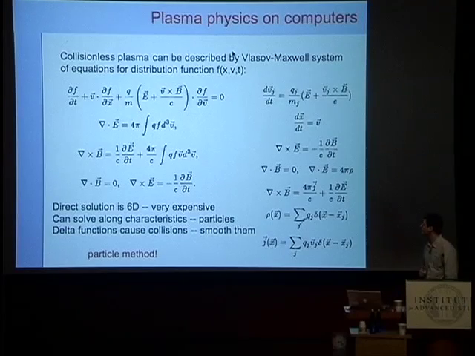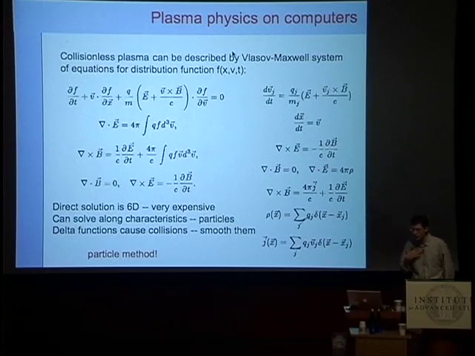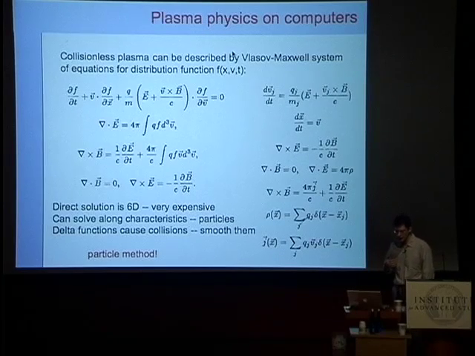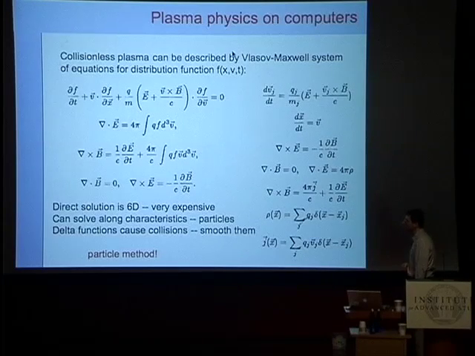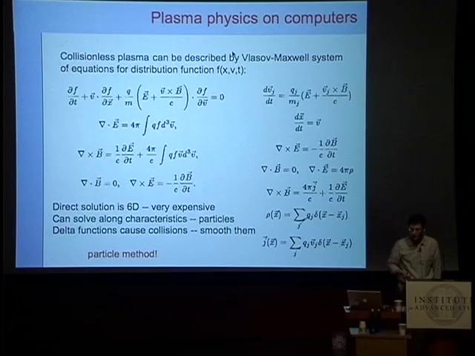Okay, so how do we actually go about modeling these plasmas? One way to think about this is we're basically solving the system of what's known as the Vlasov-Maxwell equations. This is a system that describes the evolution of a distribution function. The distribution function is the density of particles in phase space.